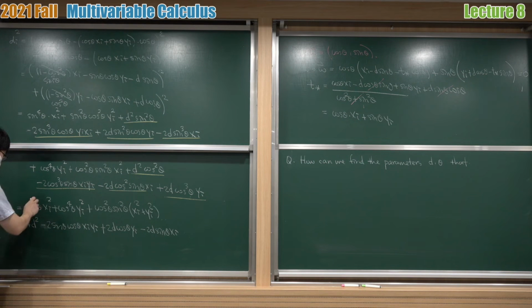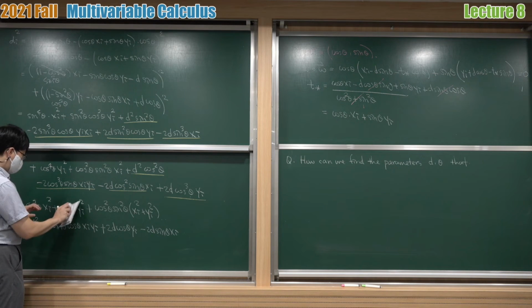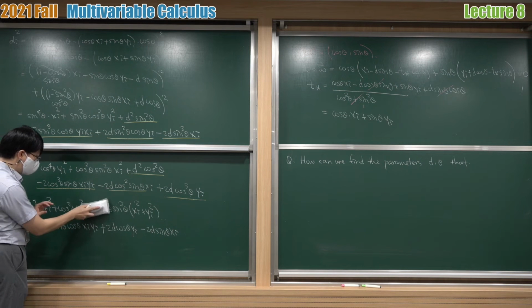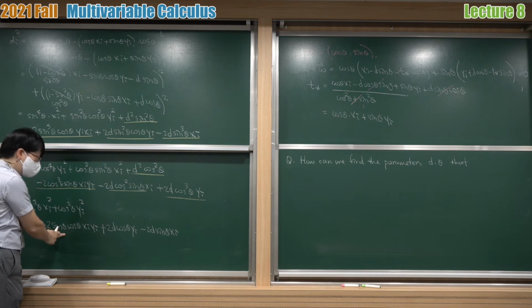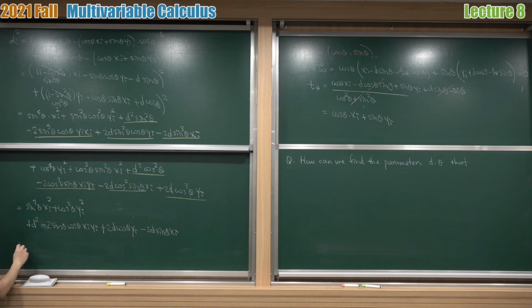So we only have sine square, we only have cosine square, and we can get rid of this, right? Okay. Can we reduce it further? Then we can combine that equation to this one, right? Yeah. It's a good idea.